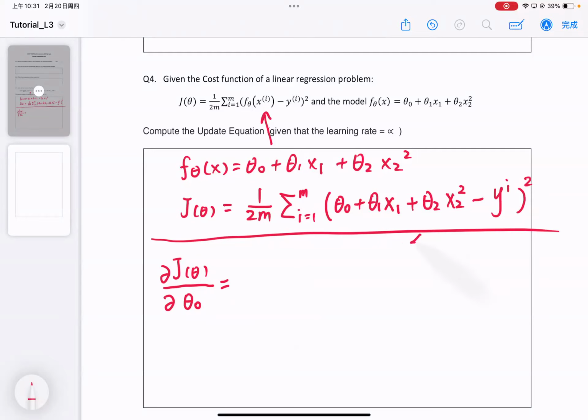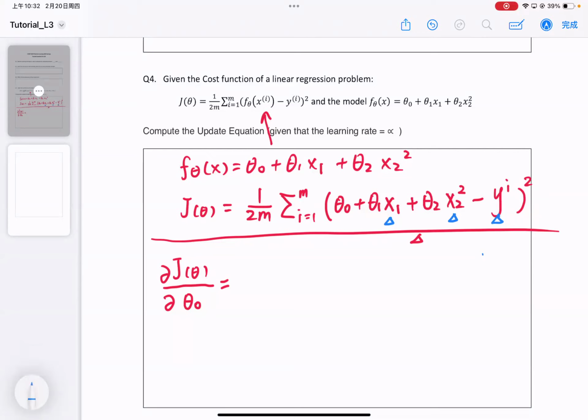In this formula, all these x are constants, even y is constant. The variable here is theta. That's why we are doing the derivative of theta, not x or y, because x and y are all the data points that you already know, so they are constants. 它们是常数. Just treat x and y as constants.